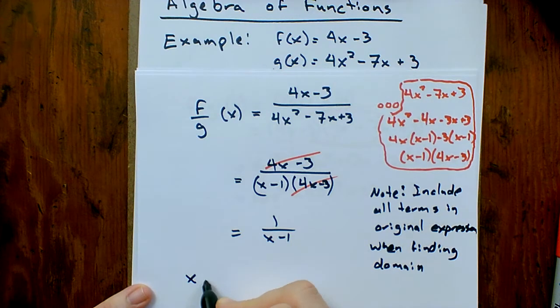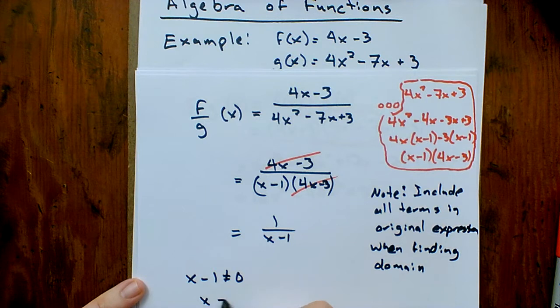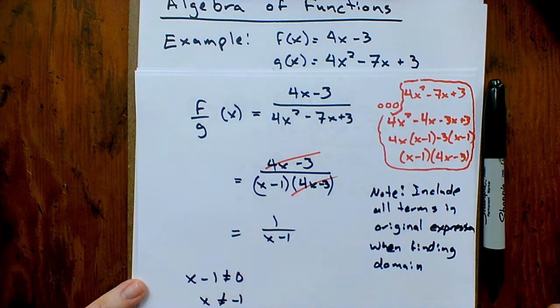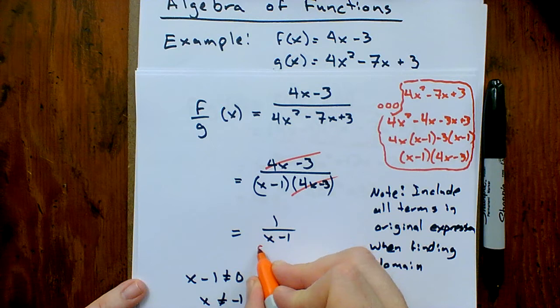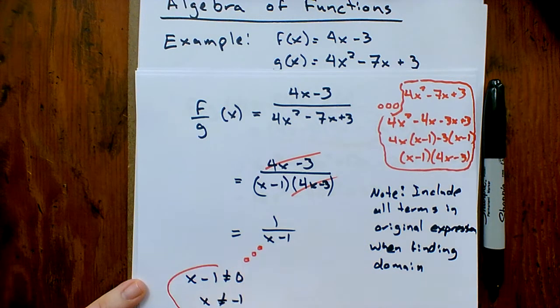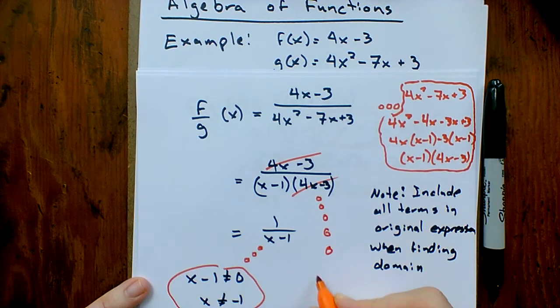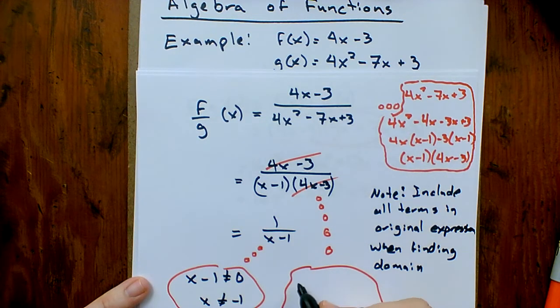I could say that, okay, x minus 1 cannot equal 0, so x could not equal 1. But I also have to say that my 4x minus 3 also cannot equal 0.